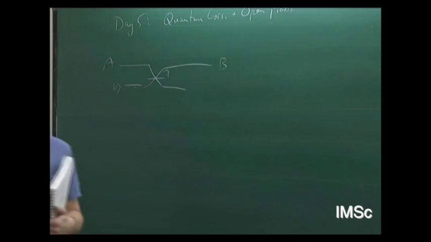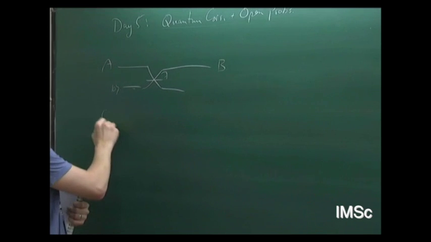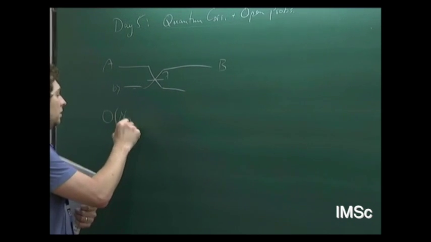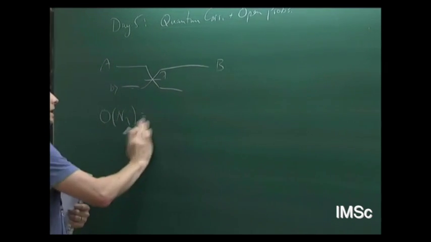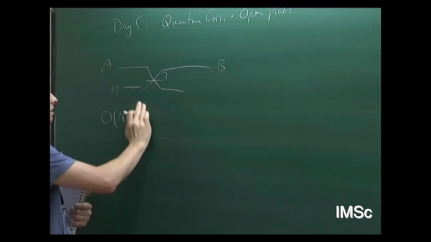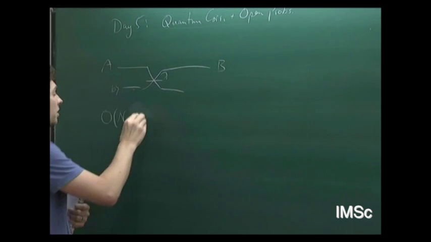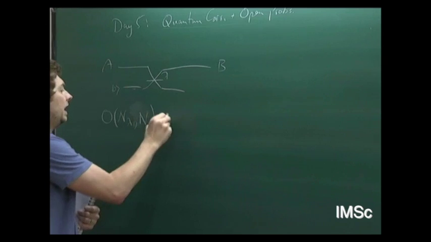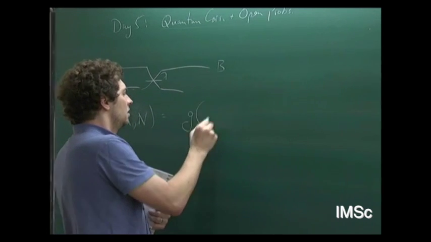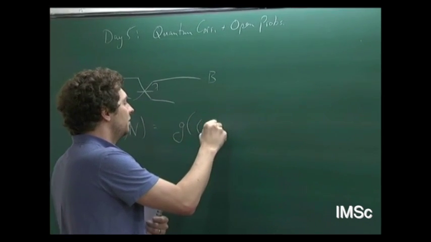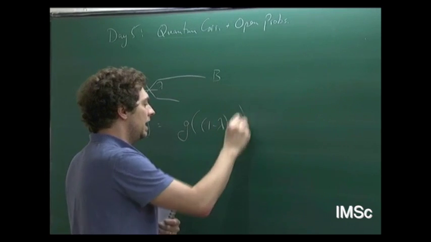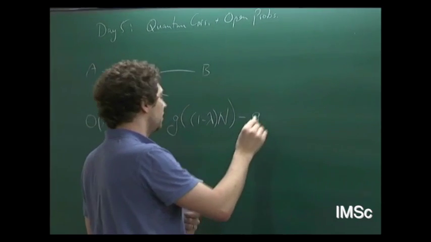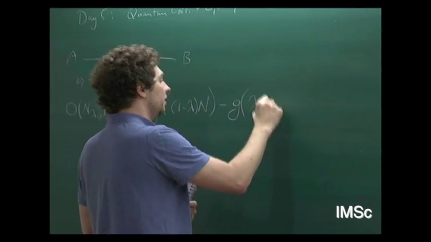I told you we could compute the quantum capacity of this thing, and it depends on the average photon number budget that you have. So I'll put a capital N here, and I said it was g of (1 minus lambda) N minus g of lambda N.